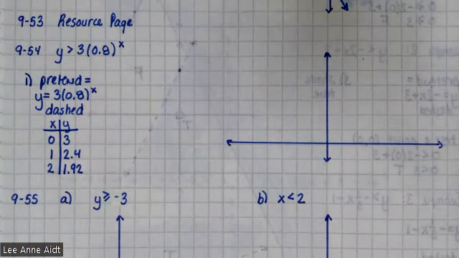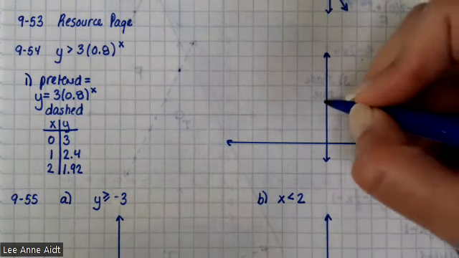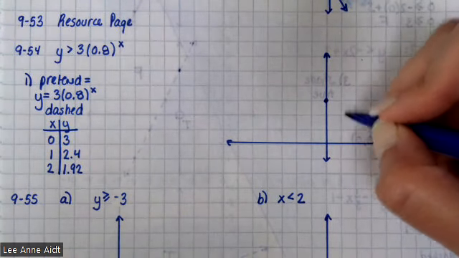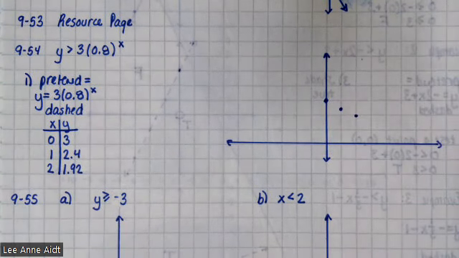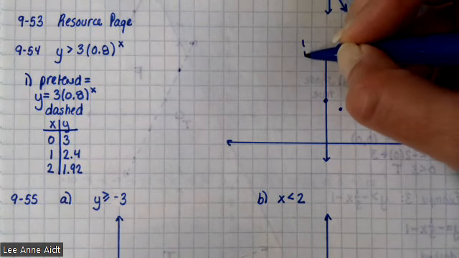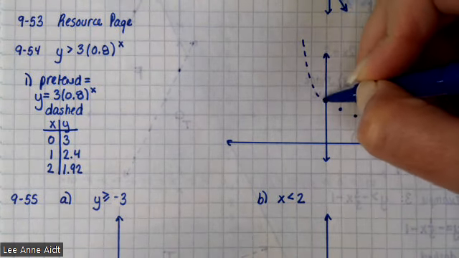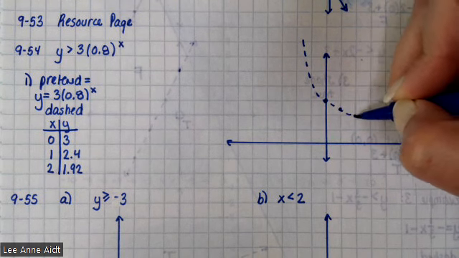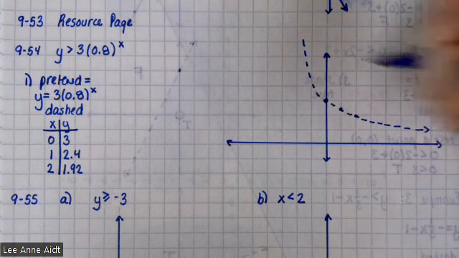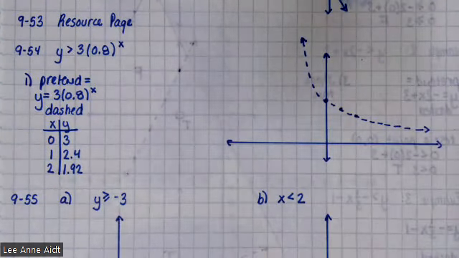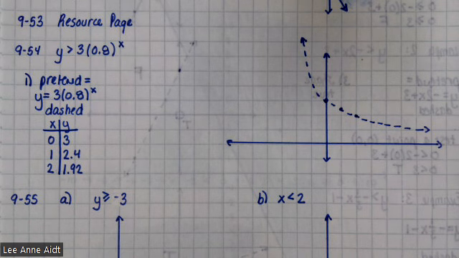Just going to graph these couple of points to help me get the sketch of the curve. So 0, 3, 1, 2.4, 2, 1.92. If you want to be more particular about that, you can definitely make a bigger table than I did.